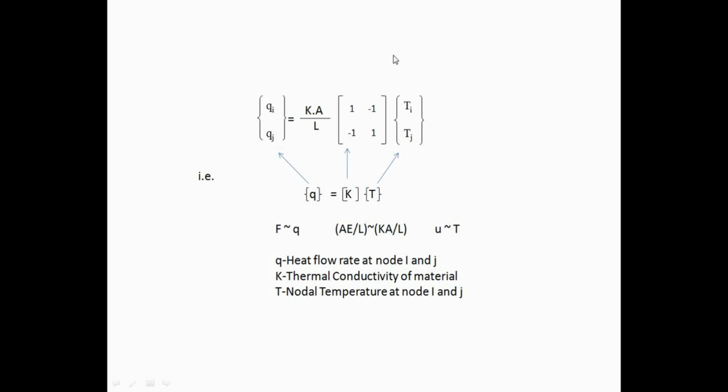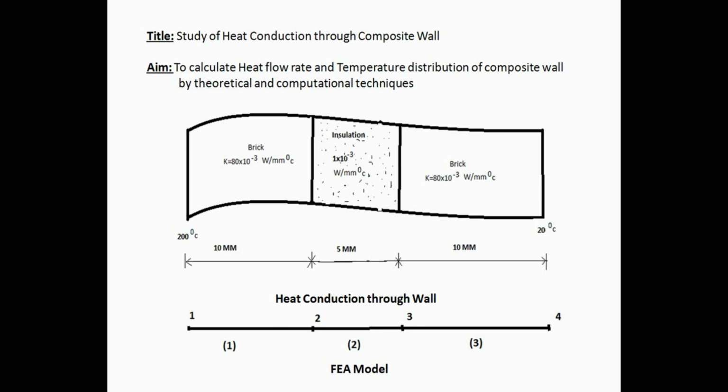This global equation looks similar to F equal to Ku, that is, force equals stiffness into deflection. So force is equivalent to heat flow, AE upon L is equivalent to KA upon L, and deflection is equivalent to temperature. Now we will see a numerical based on this thermal analysis of the rod.